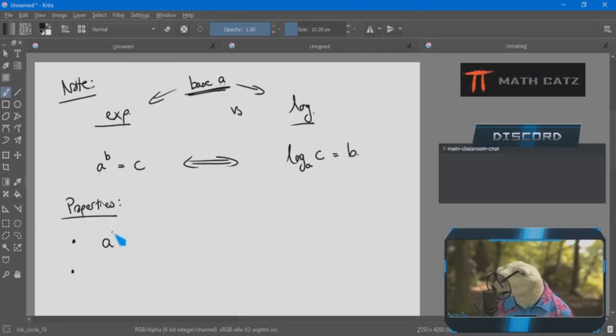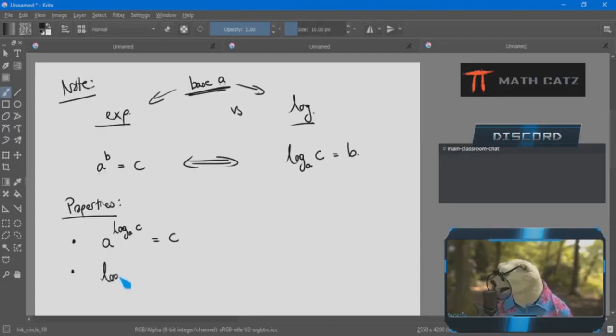If I have an a and I raise it to the power of log base a of c, what am I going to get? I'm going to get c again, because they're inverse functions. Or you can say, well, this log represents the exponent for a that would give me c. I then raise a to that power, so I should get c. It's really quite simple.